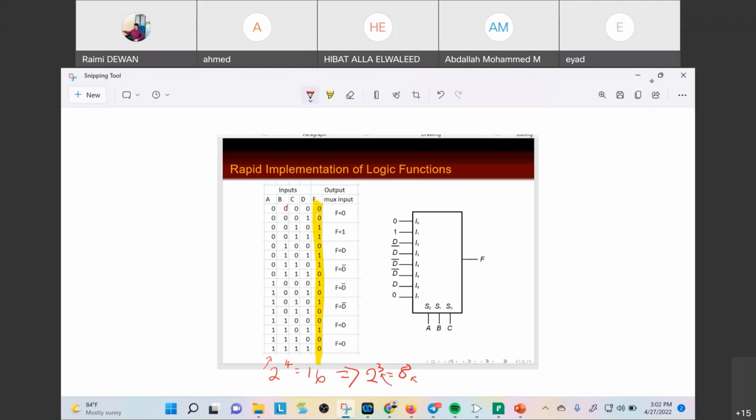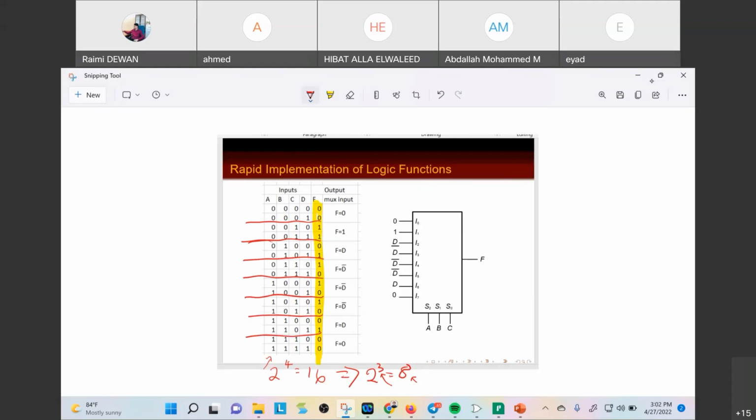Because we want 2 to the power of 3, which is 8 inputs, you need to divide it down to 8, from 16 to 8.